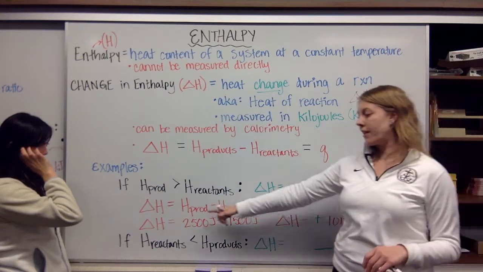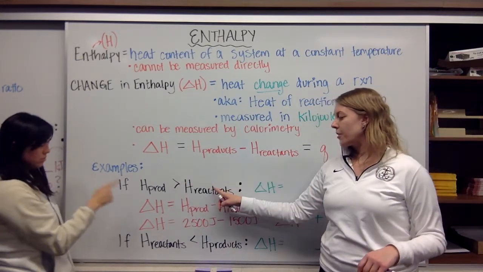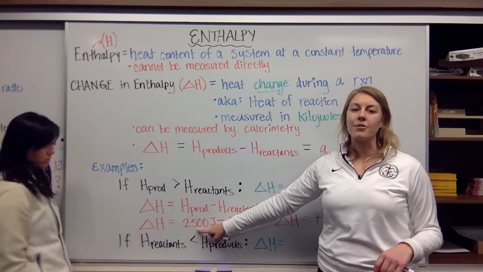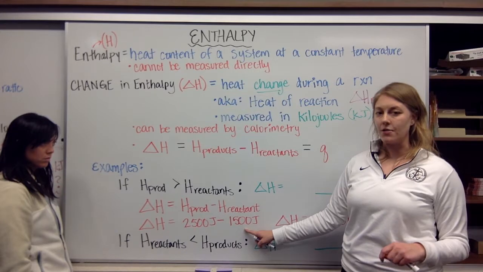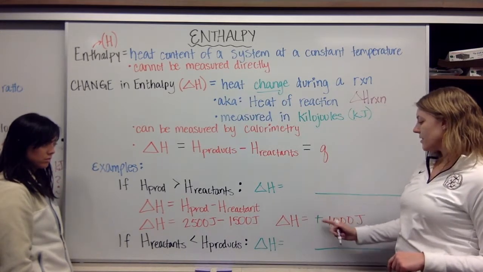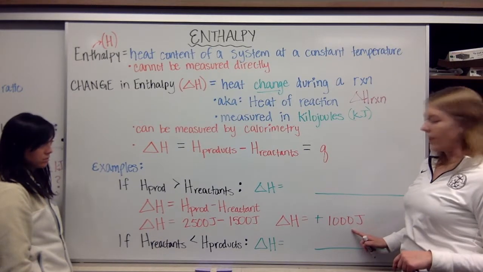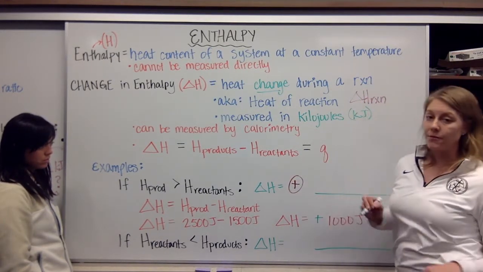Let's see, I have an example down here. Let's say the products is 2,500 joules and the reactants is 1,500. Products minus reactants, you can see here that we get positive 1,000 joules. So our delta H here is positive.